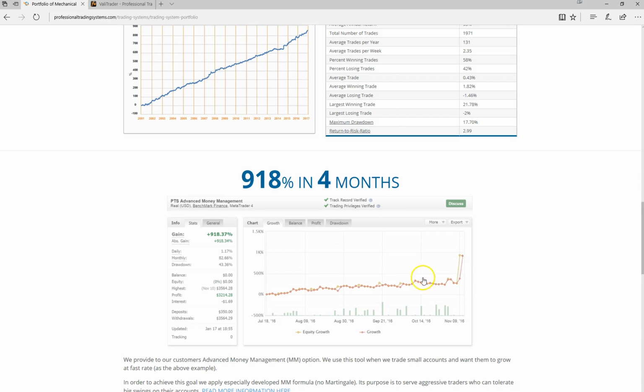Obviously, I mean, it was performing extremely well up to this point anyway. The fact this looks like potentially one large move that was captured, which has taken it up to the 918% level. I mean, up to that point anyway, it was probably sitting at around 400% profit over that 4-month period anyway.